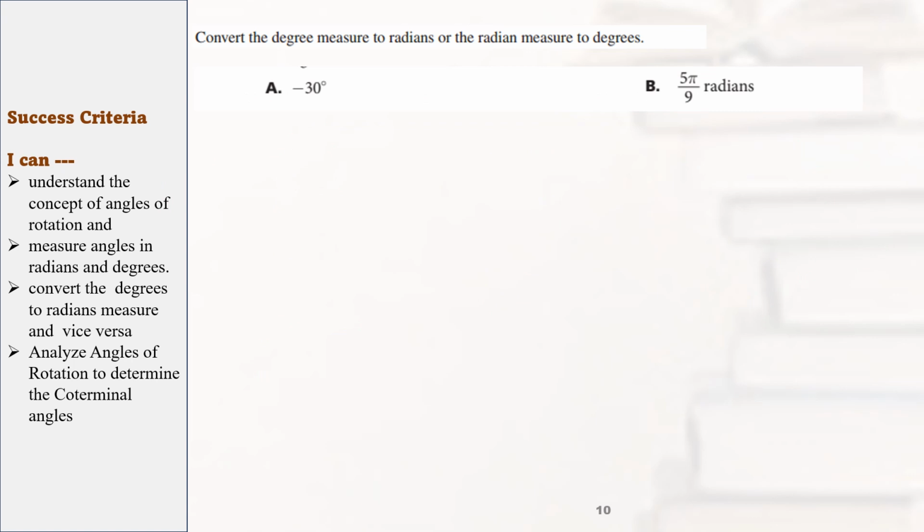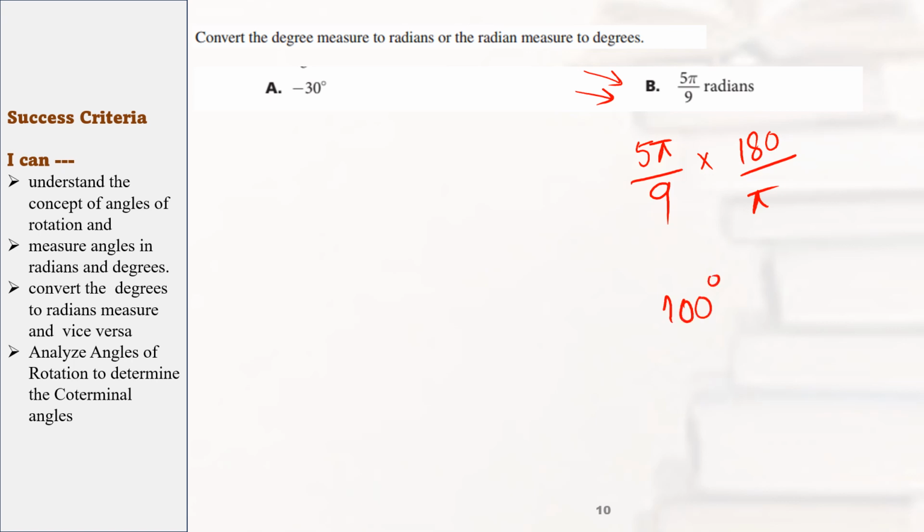Now let's see what will happen if I have to convert radians into degrees. What will I do? I will write 5 pi over 9 radians and multiply by 180 over pi. So what will I get? I will get 100 degrees.